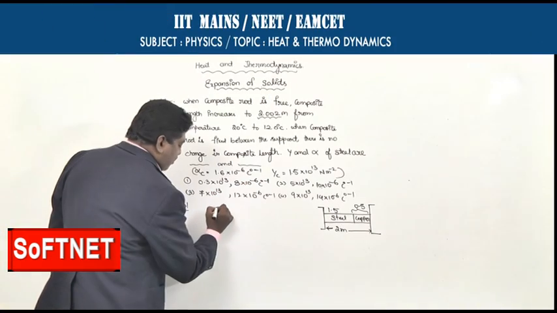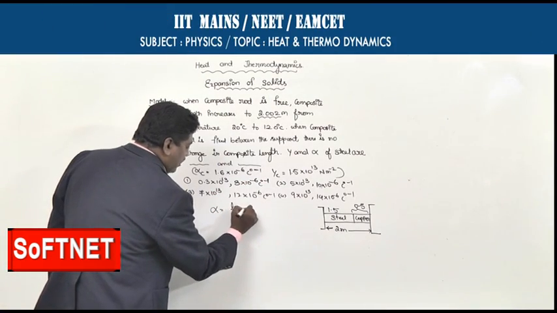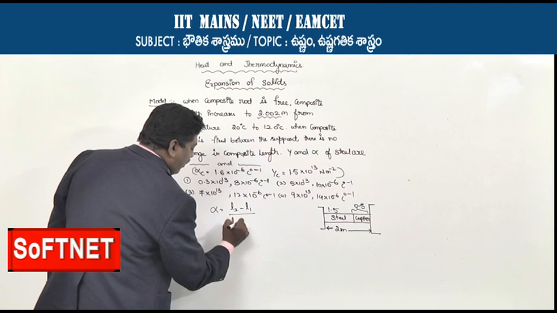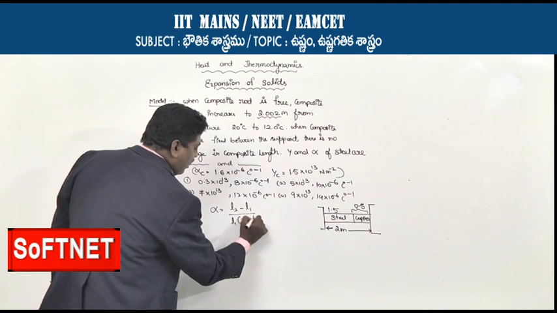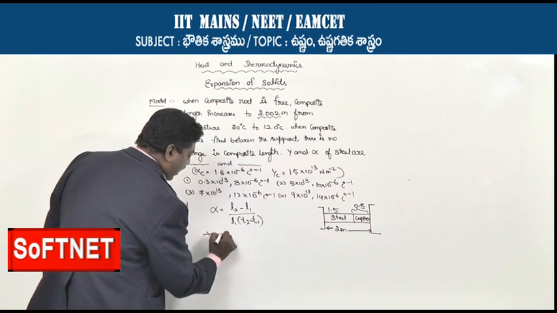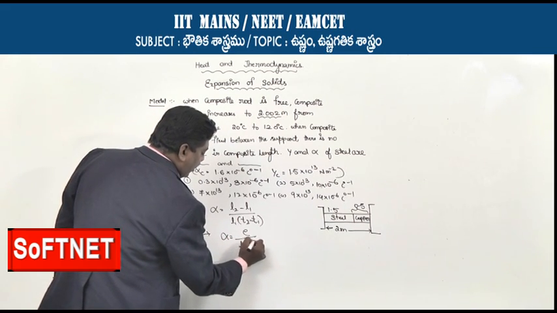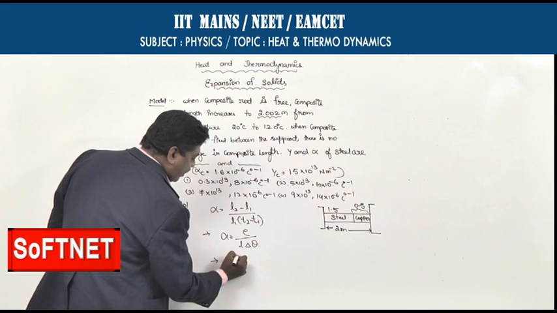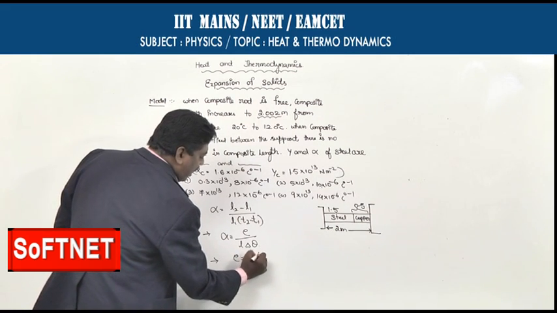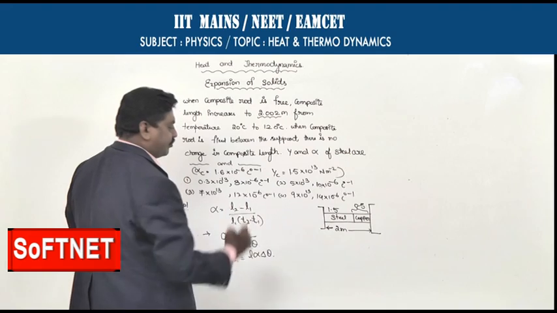We know very well that alpha is equal to (L2 minus L1) by L1 into (T2 minus T1). This can be given as alpha equals E by L delta theta. From this we can write E equals L alpha delta theta.